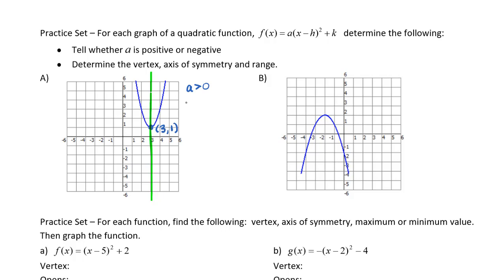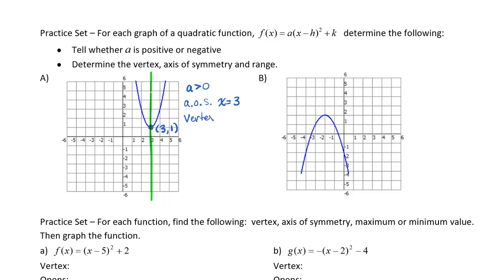We can say our axis of symmetry, and I'm just going to abbreviate that AOS, is x equals 3. We need to determine the vertex, which we did.